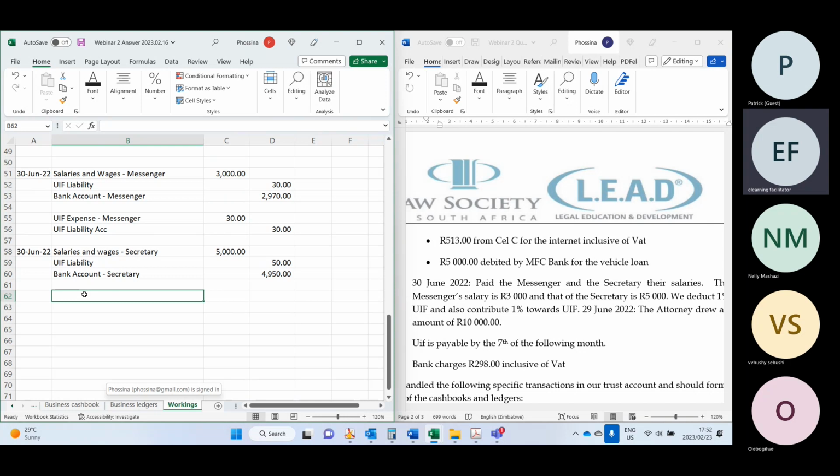Then you know the law. You know this UIF, you prepare your pay slip. Okay, I have to contribute 1% up to so much limit. When it comes to pay as you earn, if you earn anything above 7,500, you start deducting tax according to the tax tables.